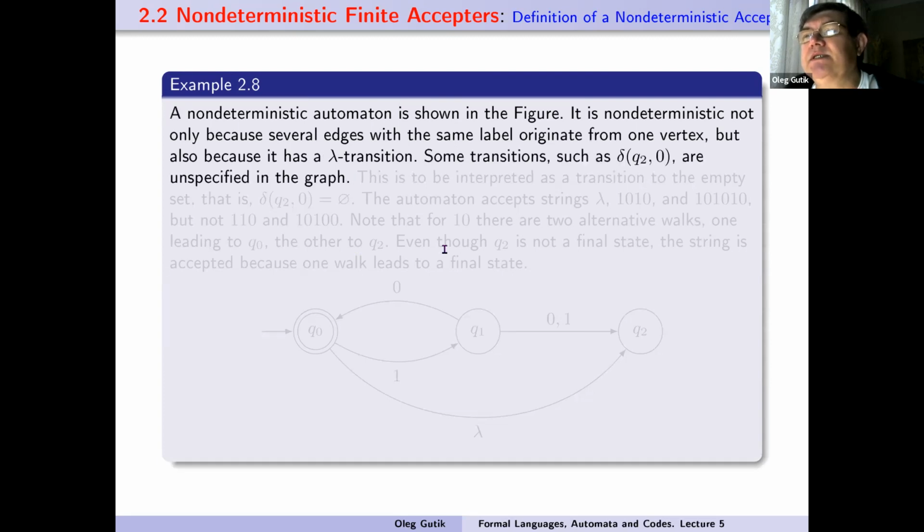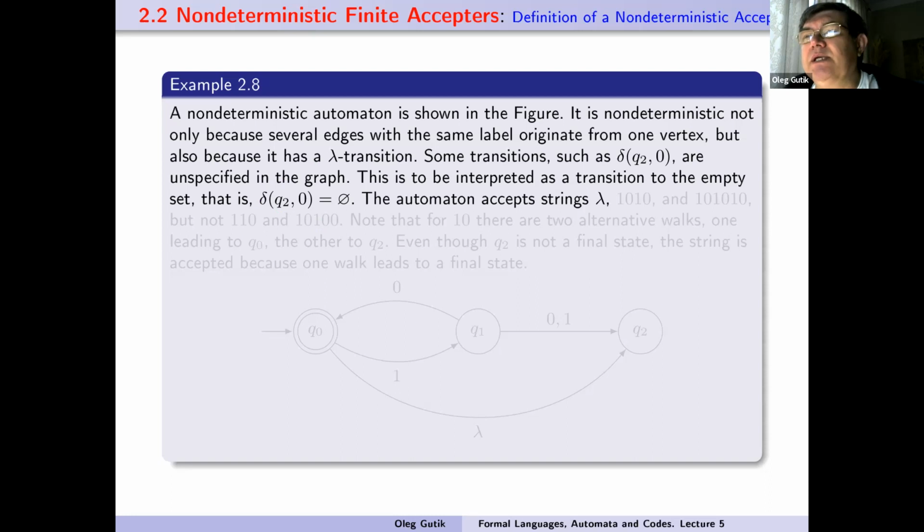Some transitions, such as delta of Q2, are not specified in the graph. This is to be interpreted as a transition to the empty set, that is delta of Q2, 0 is equal to the empty set.